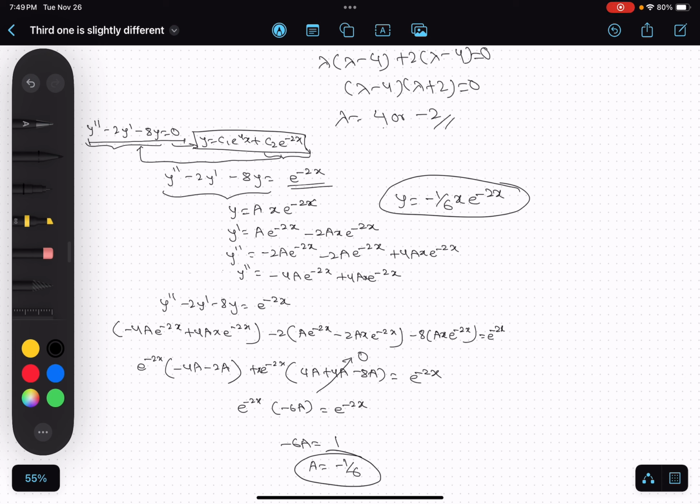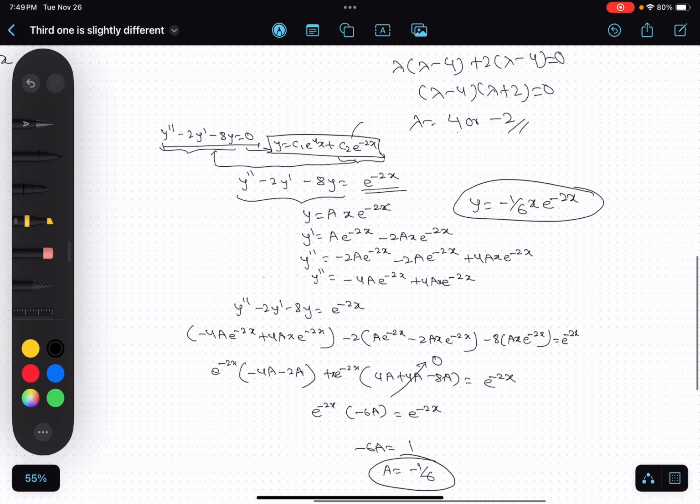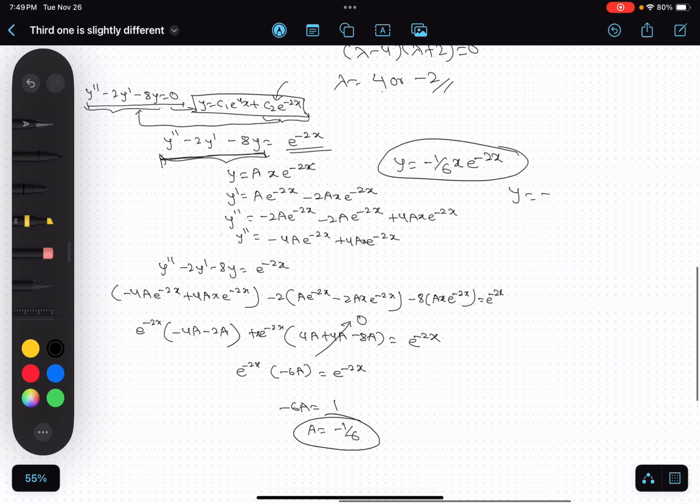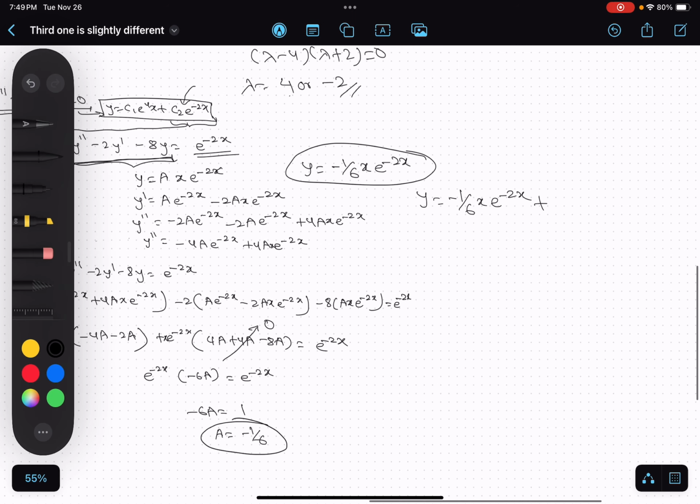But this is not the most general solution, because we can also add the complementary solutions, which will just reduce to 0 when we apply this operation. So to make the solution more general, you can add plus c1 e to the power 4x plus c2 e to the power minus 2x, and this is the solution.